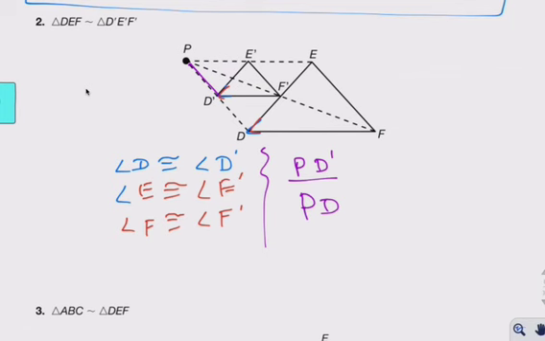Okay, so PD prime, the proportion of that is equal to the ratio of PF prime to PF.